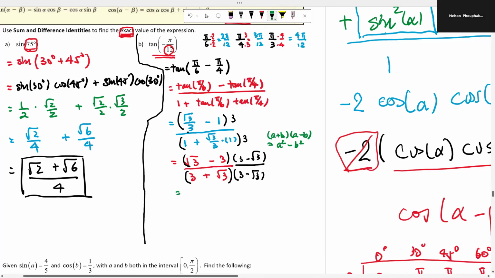So now, 3 root 3 minus 3 minus 9 plus 3 root 3, all over the first term squared minus the second term squared.